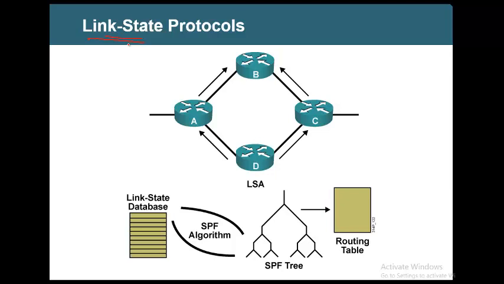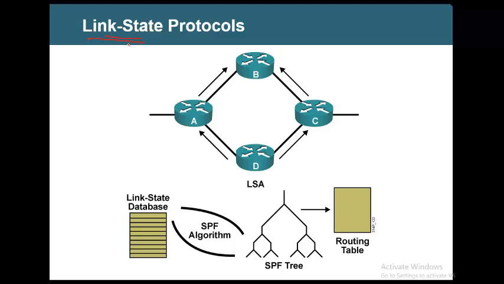Using the bandwidth and delay, EIGRP finds the best path and puts that in the routing table. After that, it advertises it to the neighbor, and for the neighbor, it becomes the advertised distance.